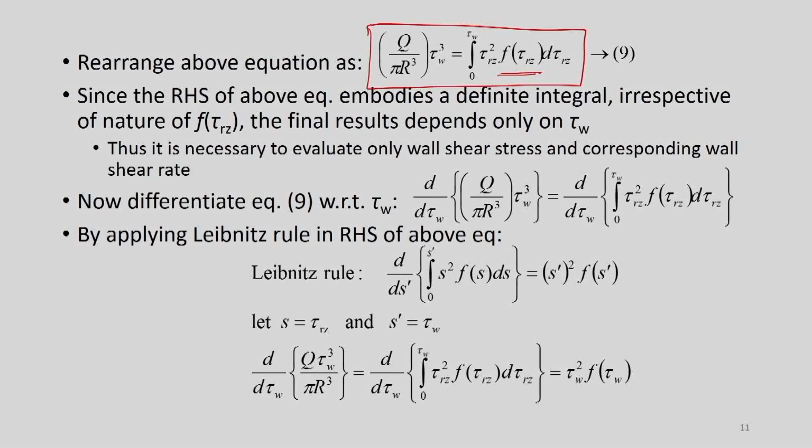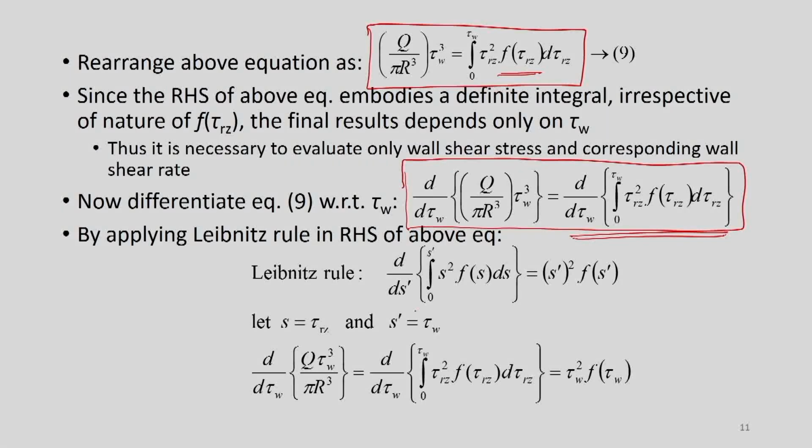So, now we differentiate both sides of this equation with respect to tau w. Then we get this equation. Now, keep the left hand side as it is. The right hand side is of the form where we can apply the Leibniz rule.